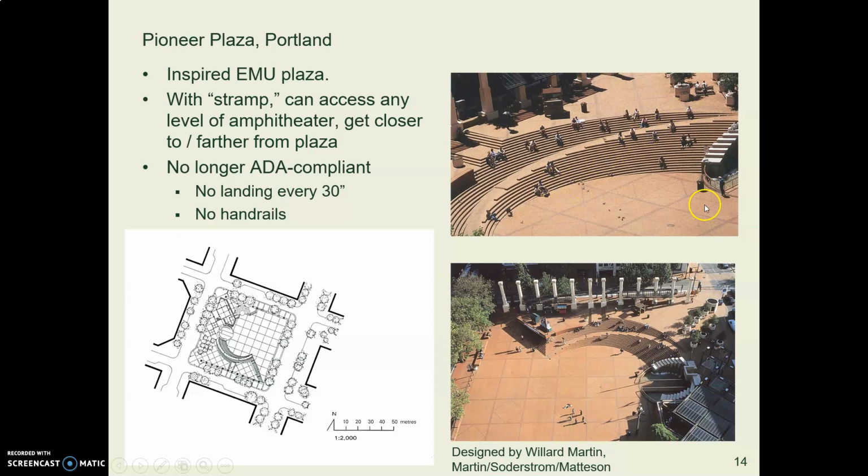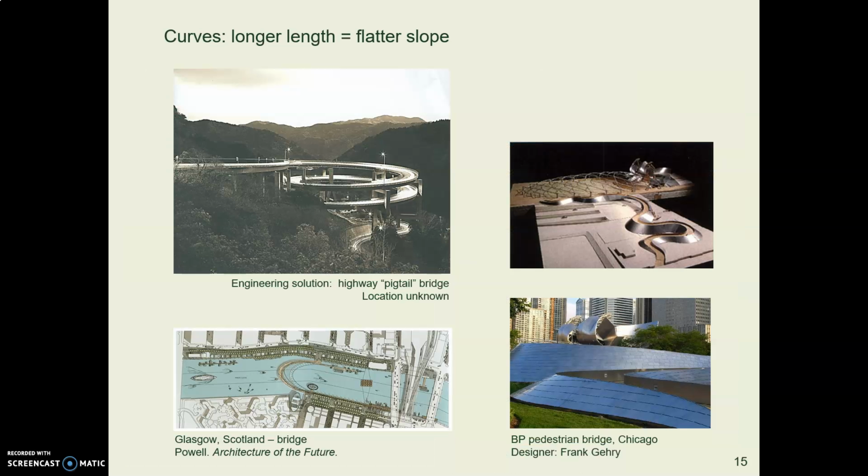Everybody can use it, and so you can sit there and watch concerts or whatever. I will point out that you could no longer build a thing like this as they did, because now there's a requirement for handrails, there's a requirement for landings, which you know about. So this is grandfathered in, but it's no longer ADA compliant. But it's a very popular space.